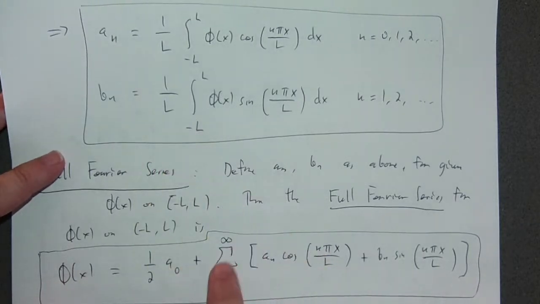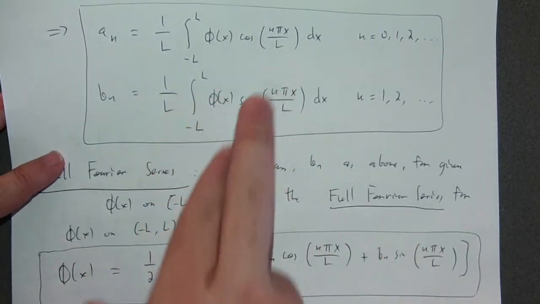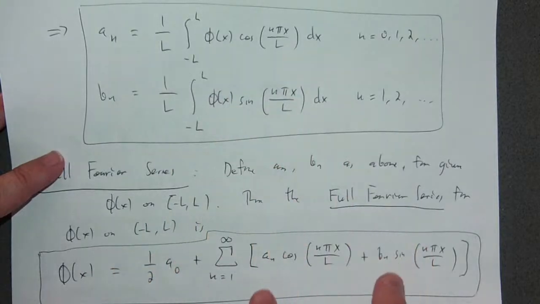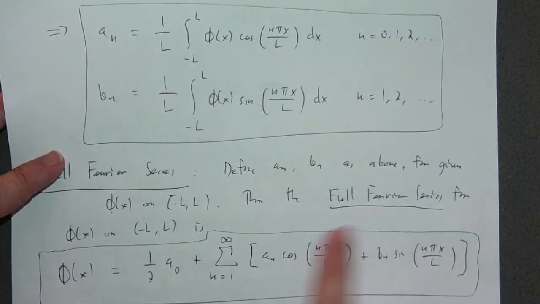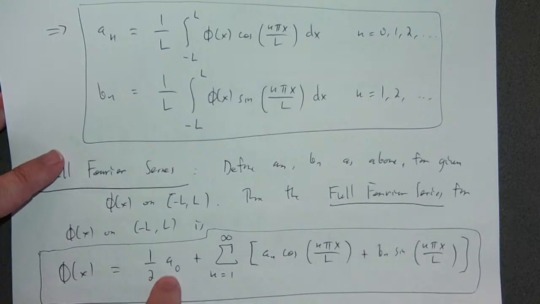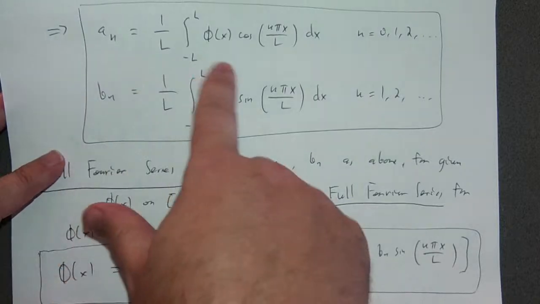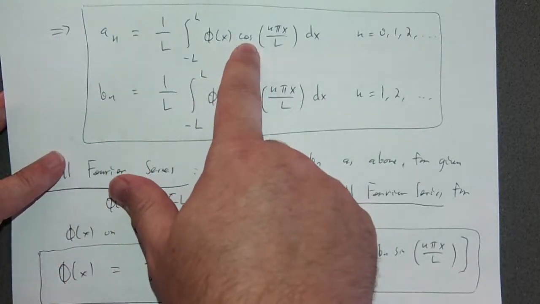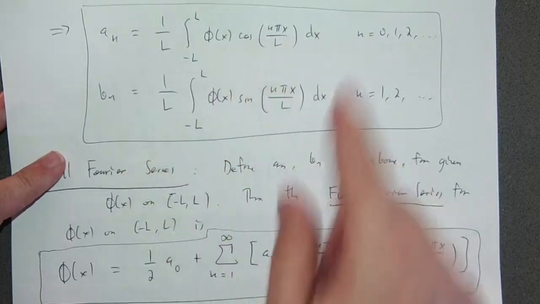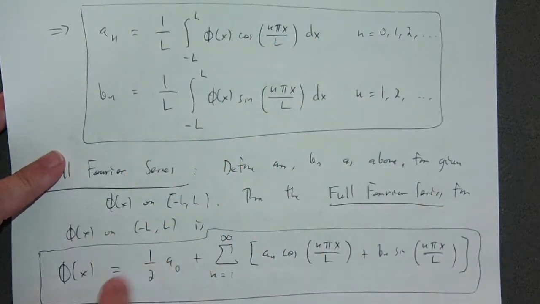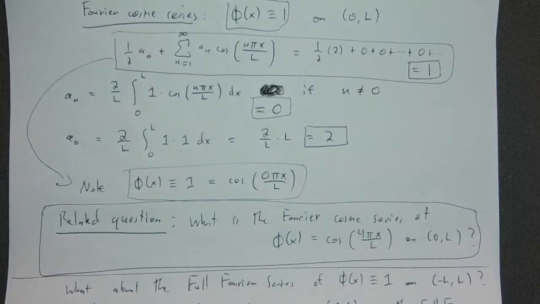Well, this should work out in such a way that, because the full Fourier series contains this a0 coefficient, which corresponds to the cosine of 0 pi x over L term, which is exactly the function phi in this case, we're actually going to recover just the same trivial series that we did before.